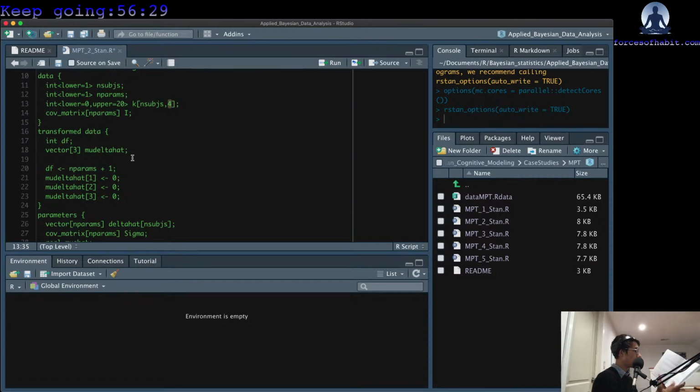Okay, transform data. So transform data can be used to make transformations to the data you pass into Stan.